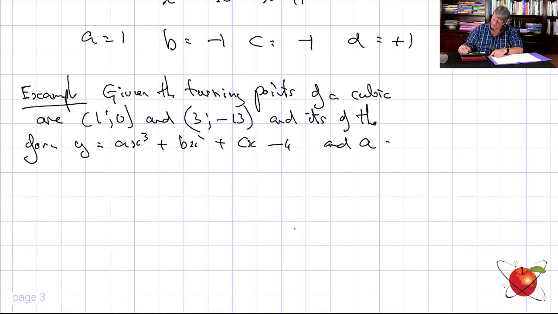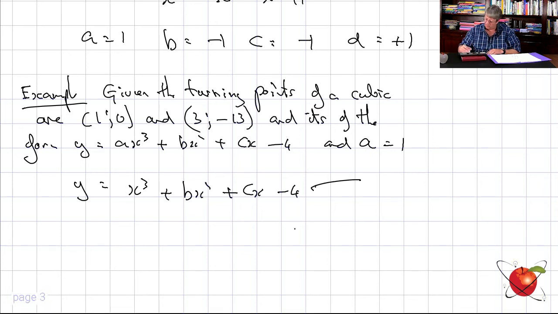And a equals 1. So straight away we can say y is equal to x cubed plus bx squared plus cx minus 4. Then we know this is the y-intercept of our cubic graph, if we wanted to plot it, which at this point in time I don't.